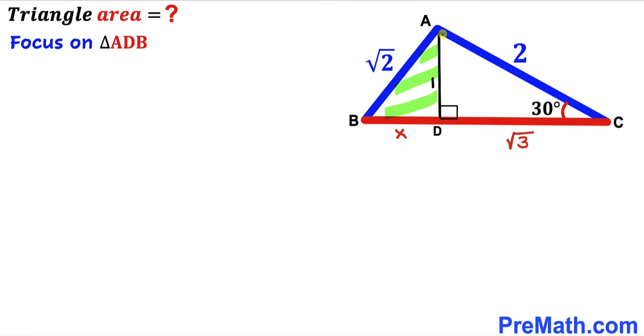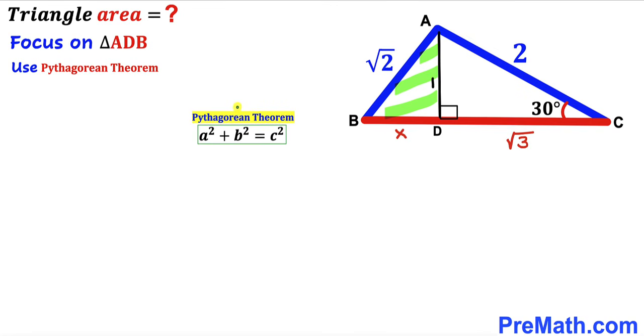Let's make an observation. We can see the height of triangle ABC turns out to be 1 unit. So we are going to apply the Pythagorean theorem on this triangle to solve for x. Here's our Pythagorean theorem: a squared plus b squared equals c squared. In our case, our hypotenuse is square root of 2, whereas our two other legs are x and 1.